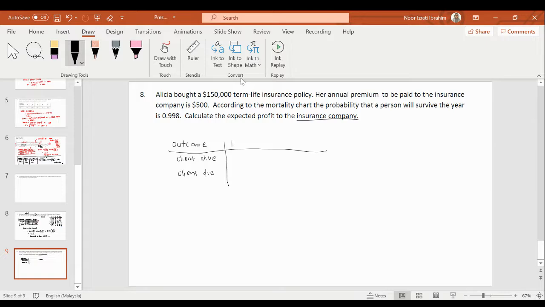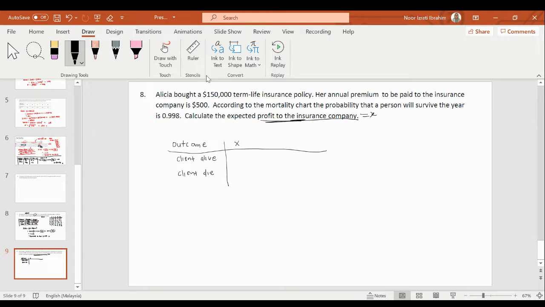Okay, so we go for the probability. Let us not use the probability yet; we have to make a probability distribution. So let us look at the x here. X here is the profit of the company.